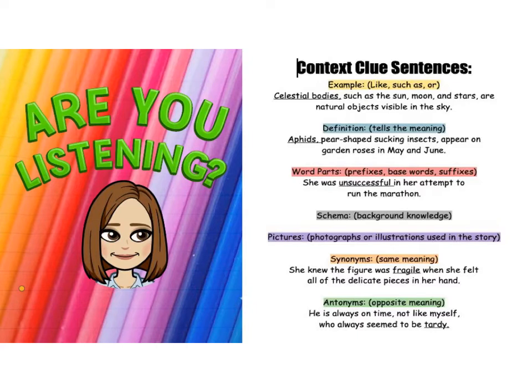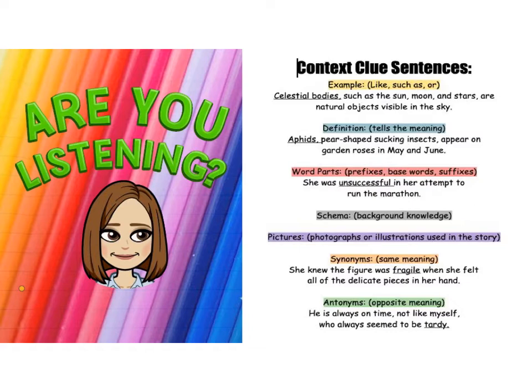Let's dig deeper into the most common 5 that we talked about yesterday. Look at your screen, you can see those 5 different types of clues that authors give. Let's look at the first one with me, an example. An example clue often gives words like, such as, and or.